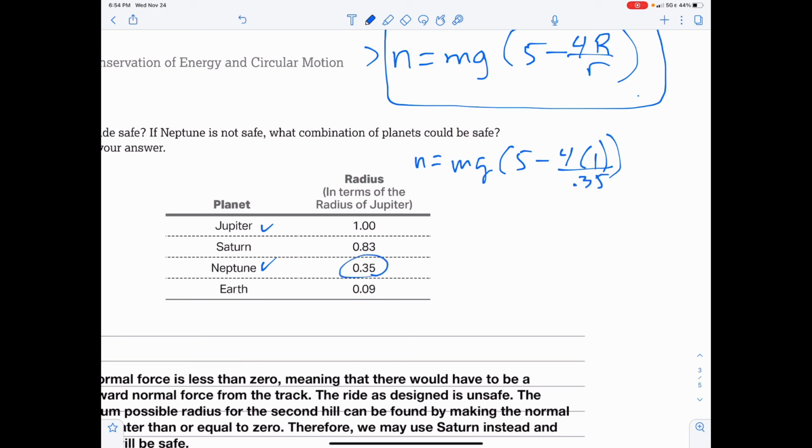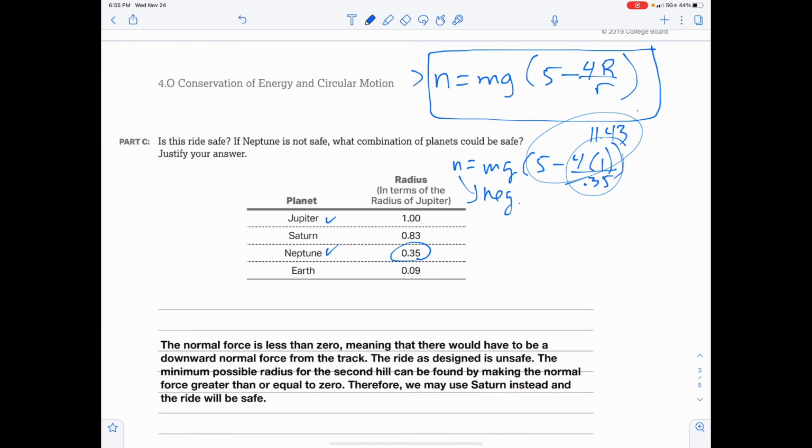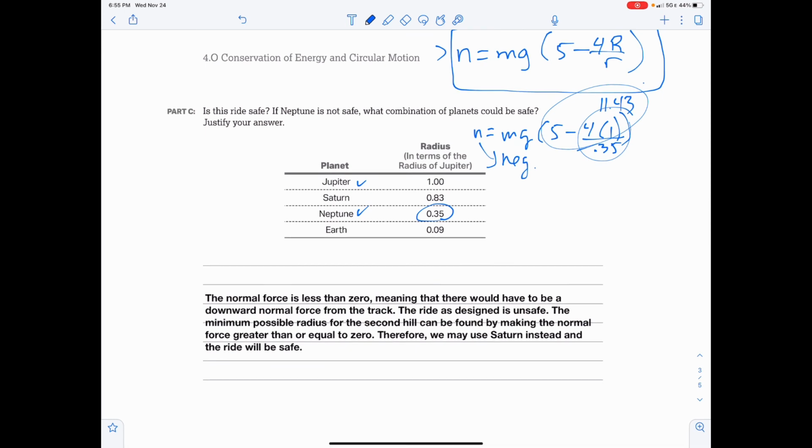Okay, so now if we take 4 divided by 0.35, this part right here would give you about 11.43, which you can see that's going to give you a negative value. So the normal force is less than 0, it's negative. The ride as designed is definitely unsafe.